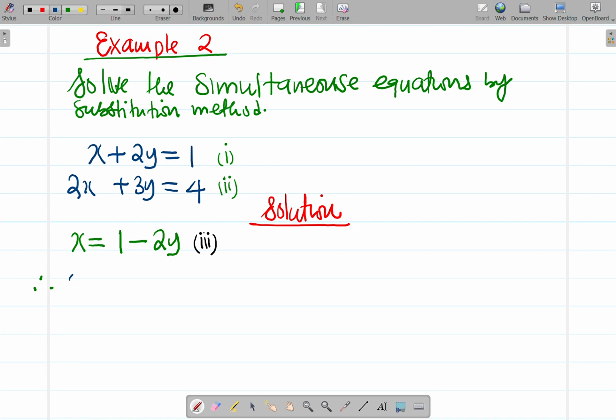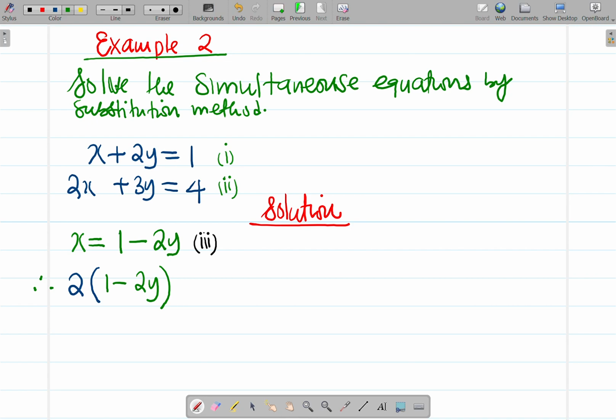We're going to say 2 multiplied by, our x is now going to give us 1 minus 2y. This is our x. Where we are seeing x in equation 2, we replace with that whole thing.